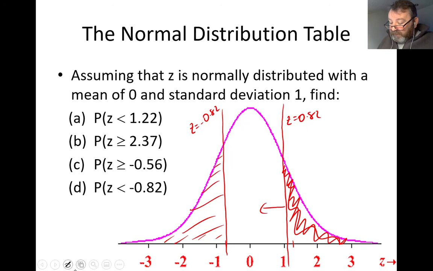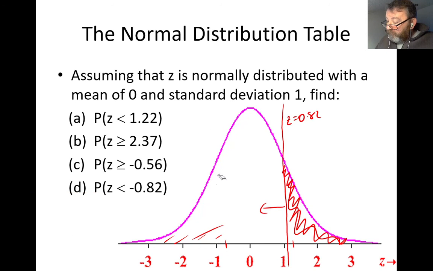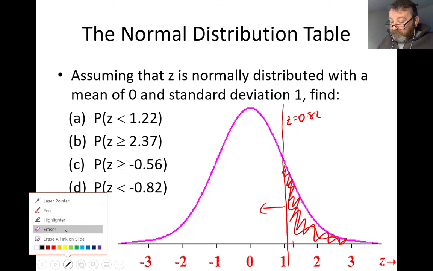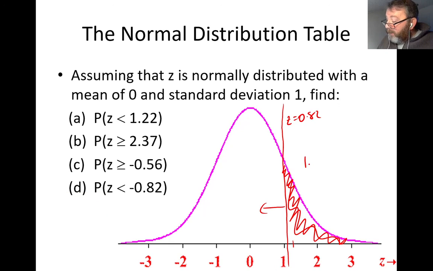So in order to get the area that is in front of this z-score, I'm going to have to use the formula that says 1 minus the probability that the z-score is less than or equal to 0.82. Okay, 1 being the whole curve minus the probability of everything to the left, which means I'm left with the area I want. So it's 1 minus, now you go to your tables.